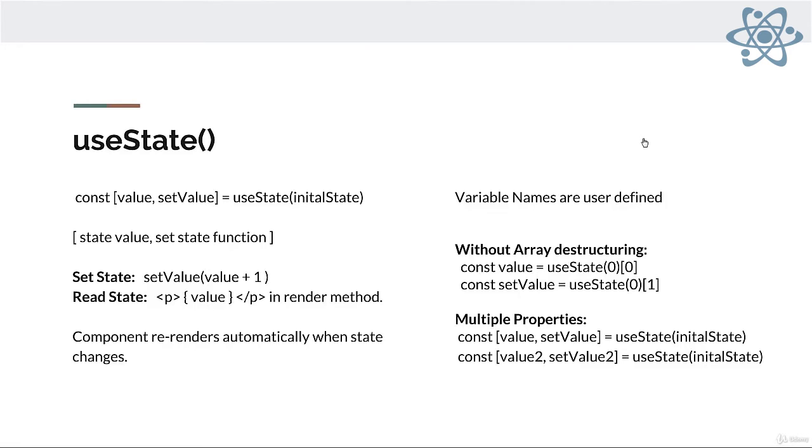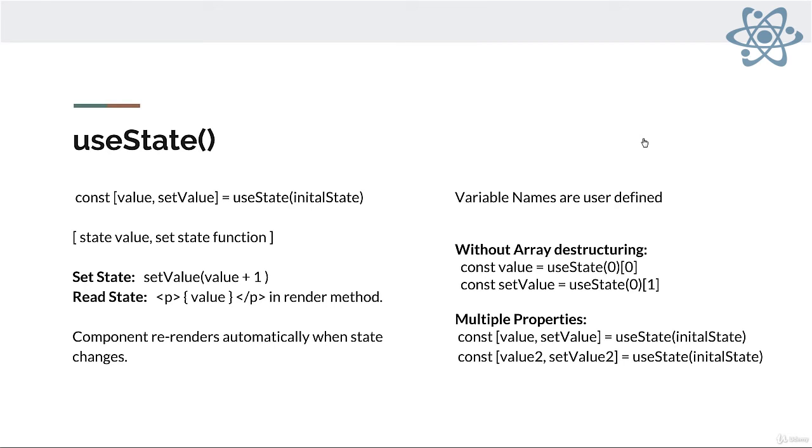So let's now discuss the first hook, which is useState. As mentioned in the last slide, useState is essentially the equivalent of setState, but it also initializes the state as well. In React classes, you initialize the state in the constructor function. Since functional components do not have a constructor property, you both change the state and initialize the state in one function, which is useState. useState takes one parameter called the initial state, and this is basically the default value that you want to start off with.